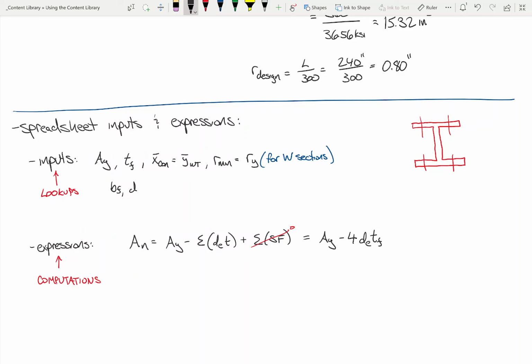All right, let's talk about shear lag factor. How many cases for the shear lag factor are there going to be? 2. Which 2? Case 2 and case 7. What is case 2? 1 minus X bar connection over L connection. And I guess I forgot that up here.